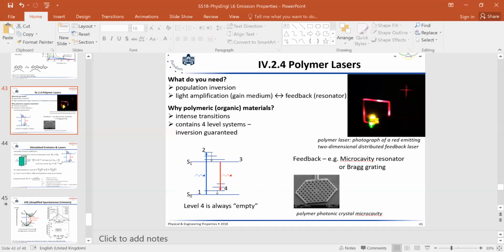Semiconductor lasers are actually attractive because they can be a lot smaller, they have fast response times, they usually consume lower power, and they have high efficiency compared with other types of lasers.